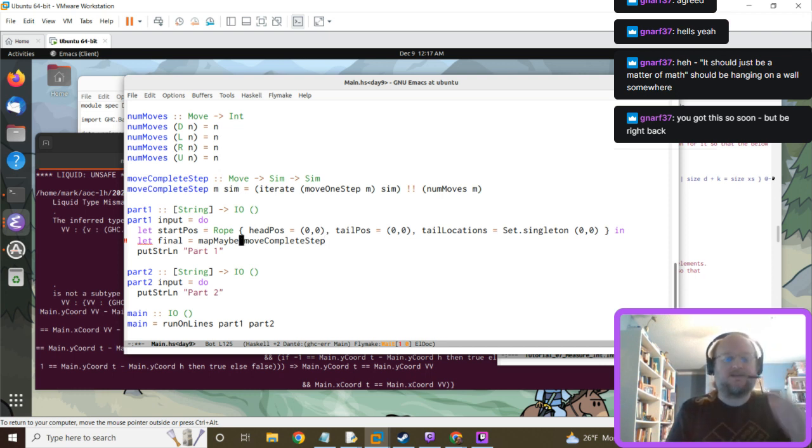Oh no, it's not a map, it's a fold. Two steps.